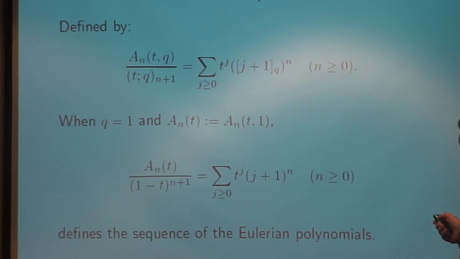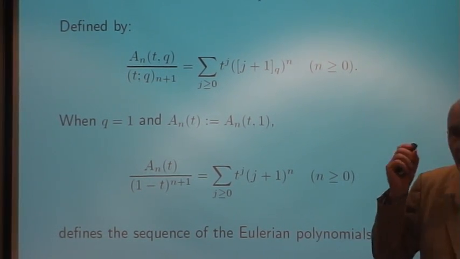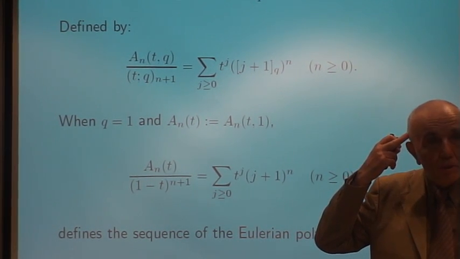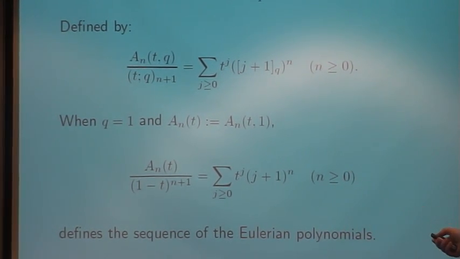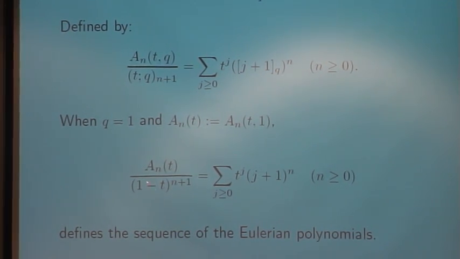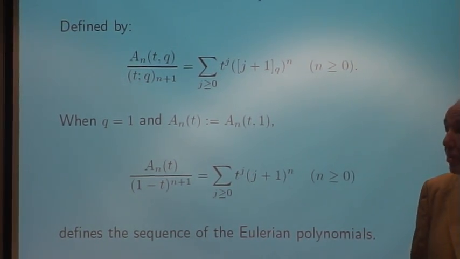So Carlitz introduced in 1954 the q-analog of the Euler numbers. Not exactly, but we could say by this definition. In other words, let's start with this. Euler himself did not write it like this because, at the time of Euler, there was no sigma sign.